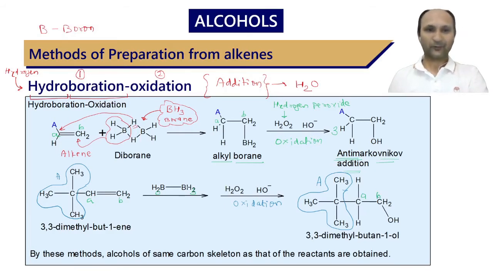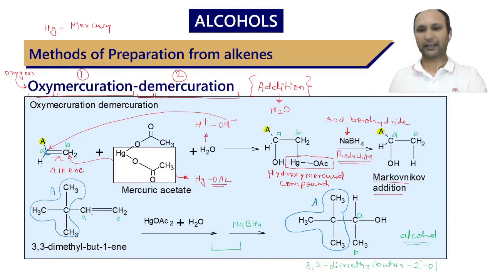And as in this case, the H atom will be attached to carbon number A, you can see here, and the OH is attached to carbon number B. So here the compound that we have got is 3,3-dimethylbutan-1-ol, in contrast to the product of the previous reaction, which was 3,3-dimethylbutan-2-ol. So this is one of the differences in these two reactions, that the position of attachment of the OH group is different in both these reactions.